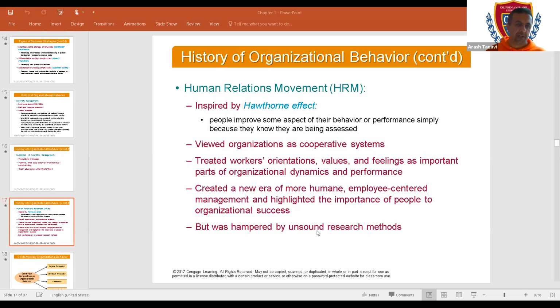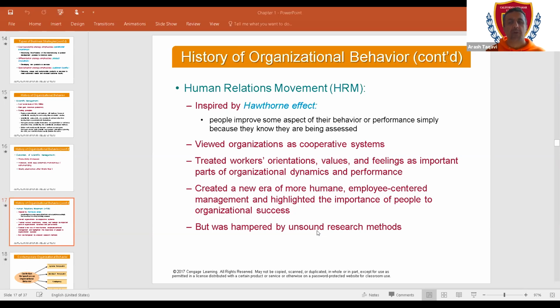It is the Hawthorne effect. It is the effect of the observer on the observed. When you know that you are under control, being observed, being assessed, we can see some changes in your behavior. Because of that, it is called the Hawthorne effect.